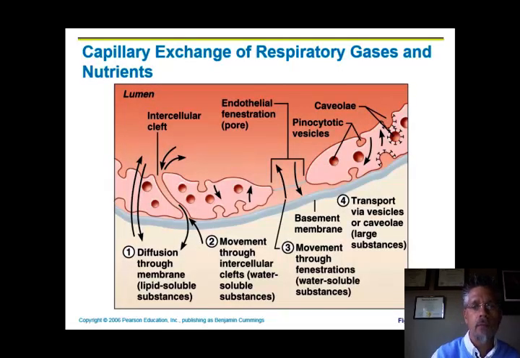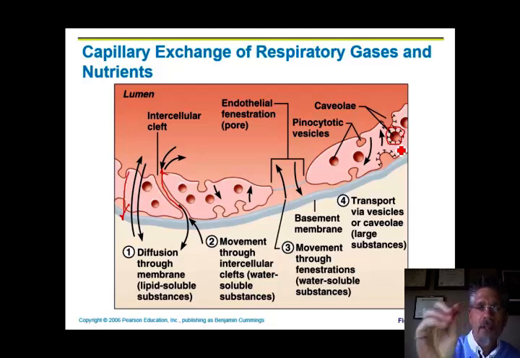It all depends on what we're talking about. If we're talking about gases or nutrients, there are a variety of ways that we can do what we call transcellular movement or paracellular movement, where we're going in between the cells. We can have different types of vesicular movement where we can very specifically transport one particular substance to get it across. So you need to know that diffusion occurs, osmosis occurs, these types of transport.